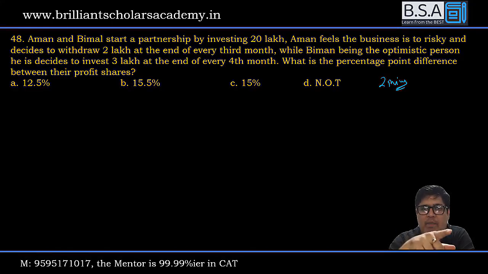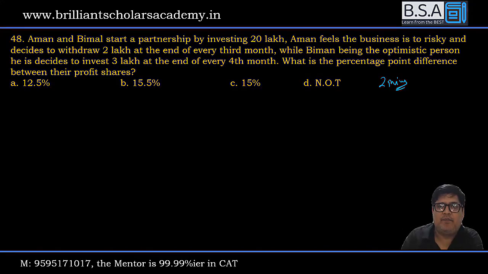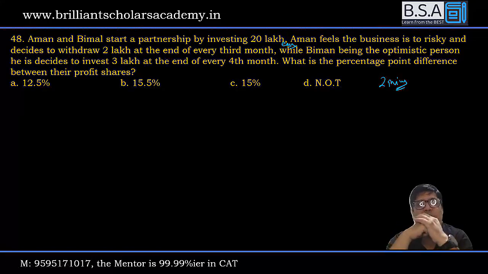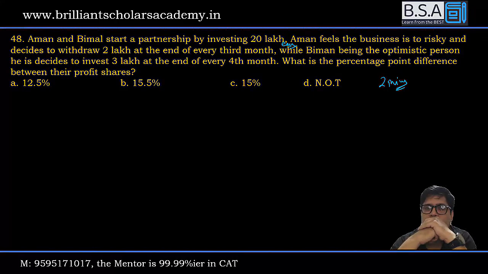Aman and Bimal start a partnership by investing rupees 20 lakh each. What is the percentage point difference between their profit shares?